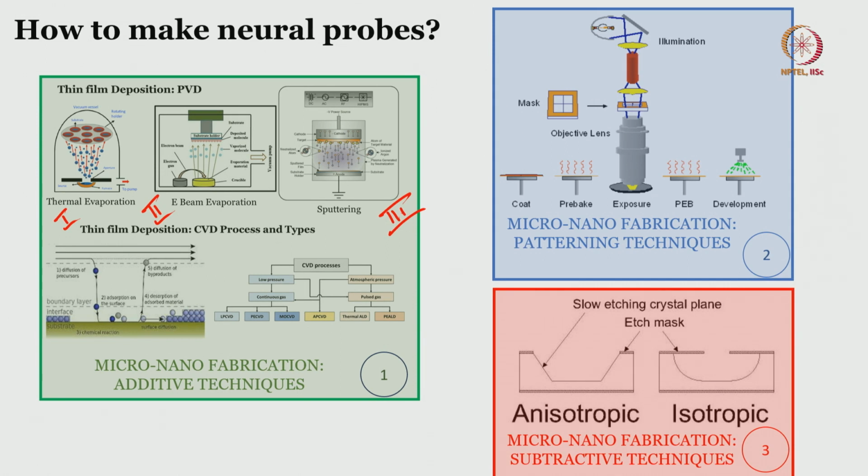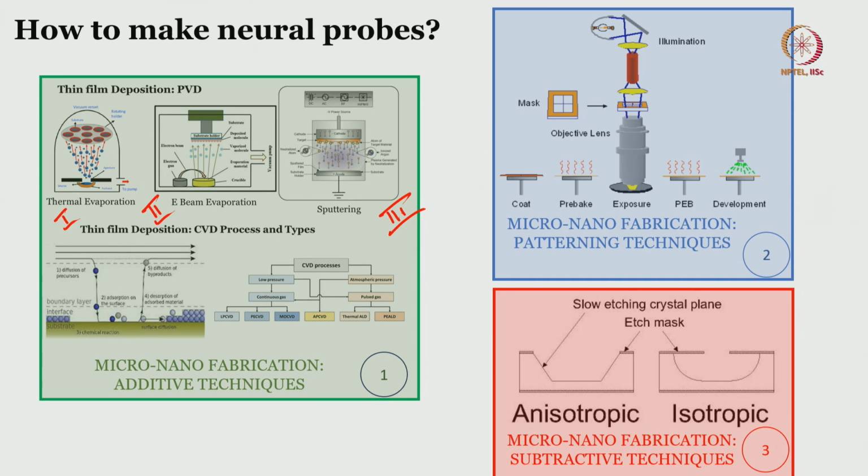While in CVD there are several kinds: low pressure chemical vapor deposition, plasma enhanced chemical vapor deposition, atmospheric pressure chemical vapor deposition, thermal ALD which is atomic layer deposition, and so on. These are all micro and nano fabrication techniques. How they work we will see in the following classes.